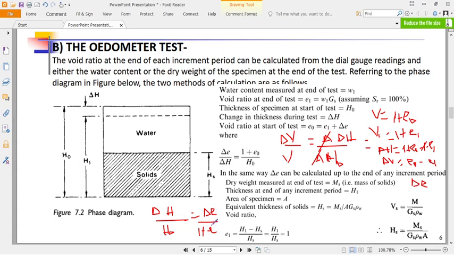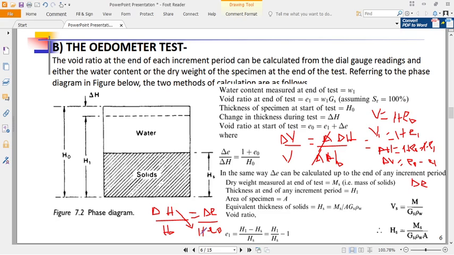So when you look at these two values, if you want to make change in e the subject, you bring this one here, this one goes up here, you cross multiply, and this goes up here, which gives us such an expression.